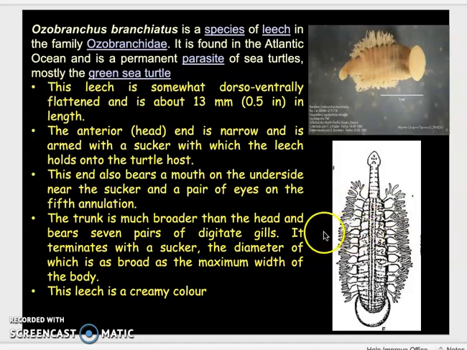These leeches are well known for their blood sucking habits and the head to tail looping mode of locomotion.